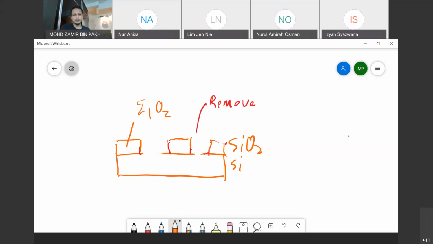Kenapa tak boleh pattern SiO2 directly? What's the main reason? The answer is apa characteristic of the material yang kita perlu pakai? In this case, the resist. What is the characteristic of the resist for the lithography to take place? Apa karakteristik yang paling penting that you've learned all this while?